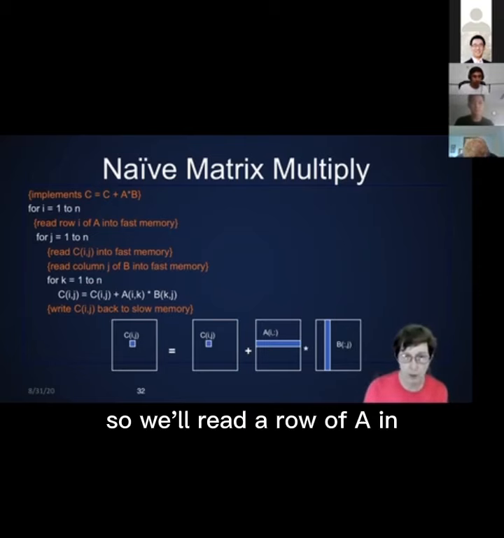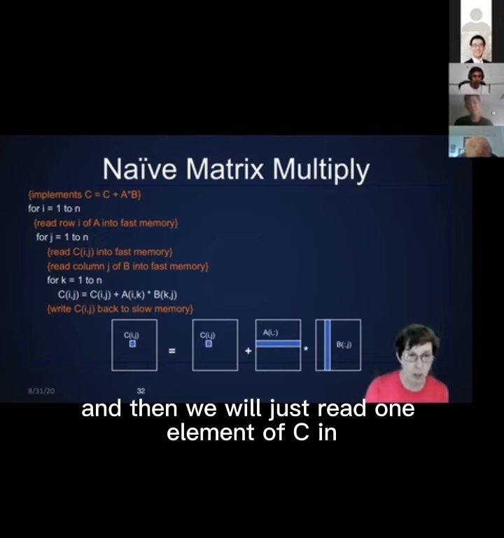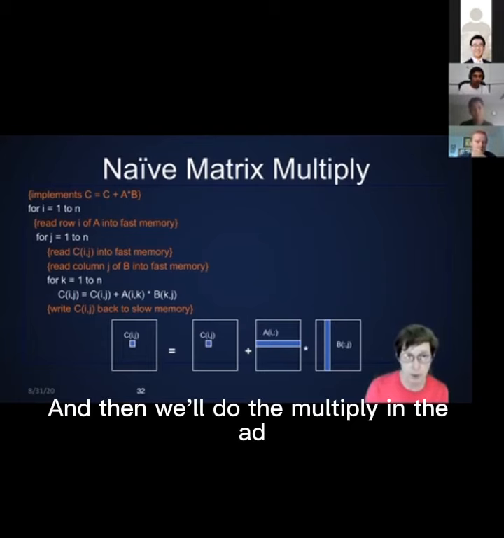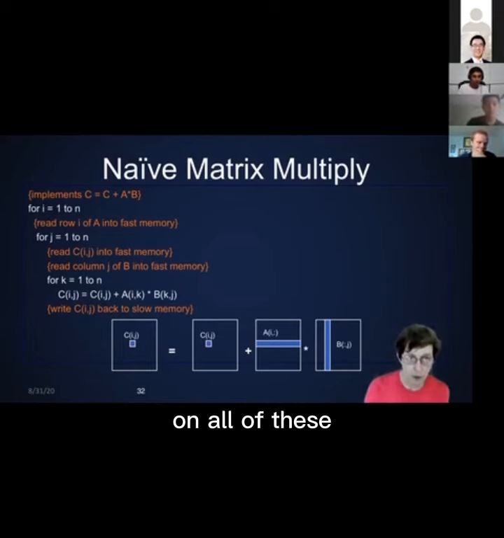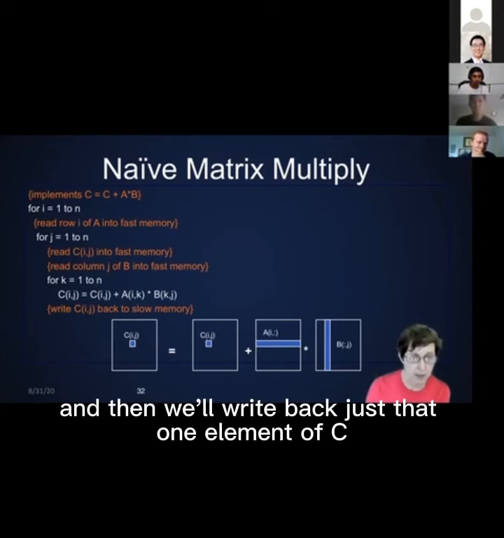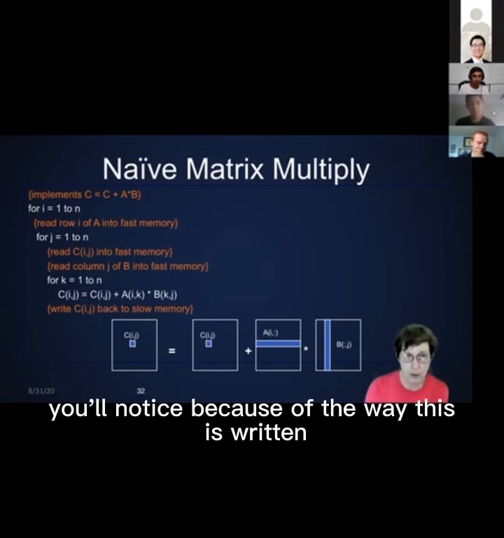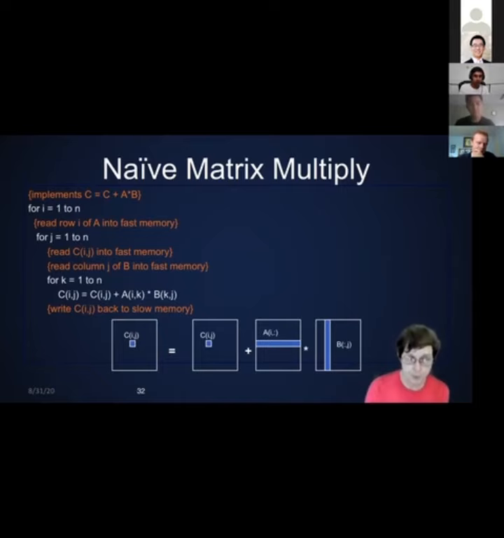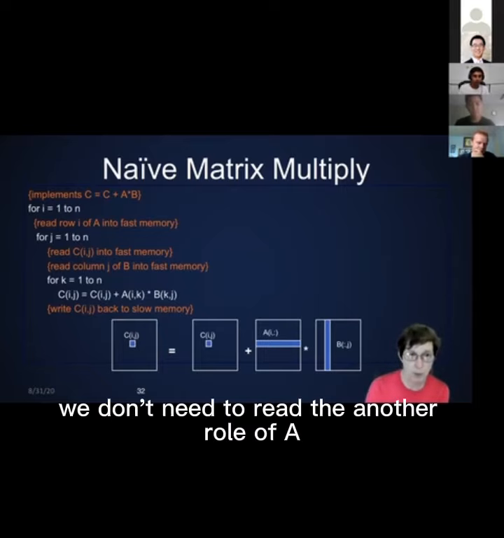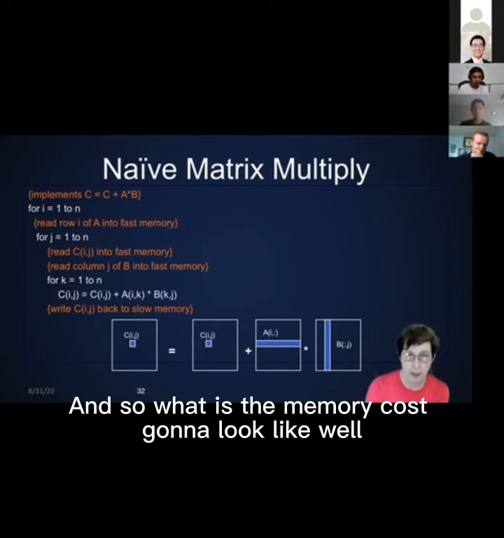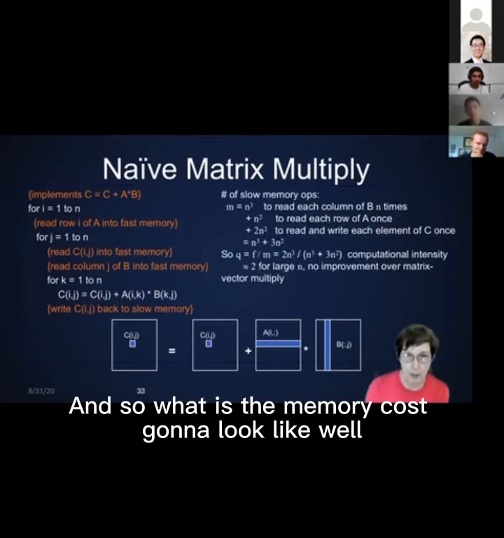So we'll read a row of A in, and then we'll read one element of C in, and then we'll read in a column of B, and then we'll do the multiply and the add on all of these, so the dot product in there, and then we'll write back just that one element of C. Now when we go on to the next one, you'll notice, because of the way this is written, that we don't need to read another row of A, we just need to read another column of B. And so what is the memory cost going to look like?